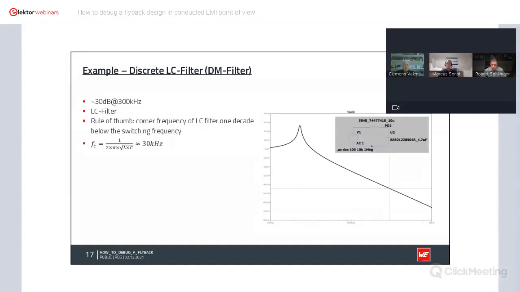You can see in the picture, the gray cross is put on 300 kilohertz, and I get more than 40 dB attenuation. That's very nice to reduce the peak we saw in the simulation.